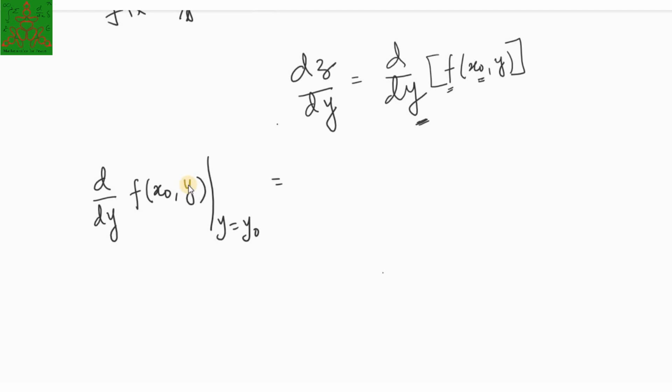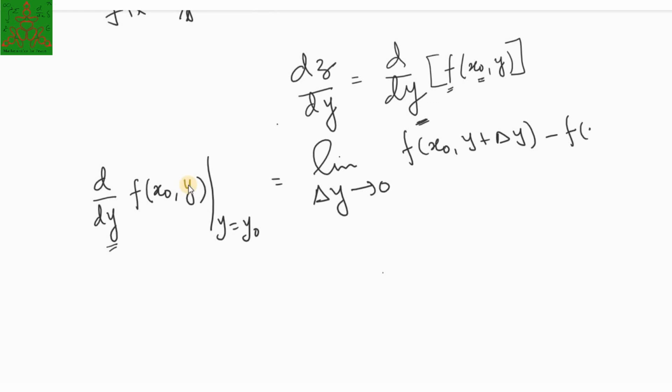If I use the definition of the derivative for one variable, it is limit as delta y tends to 0, because here x0 is fixed, of f of x0, y plus delta y minus f of x0, y, upon delta y. What I just did is make a change in y only.